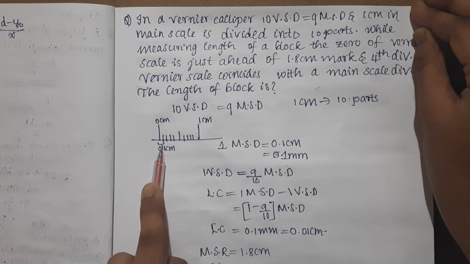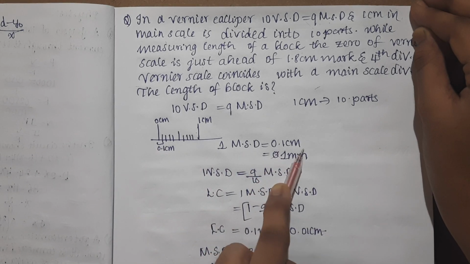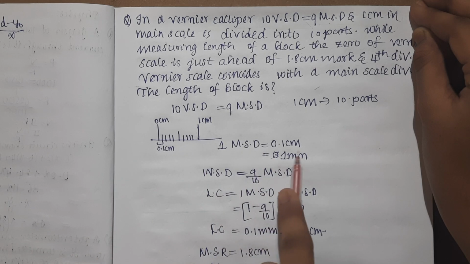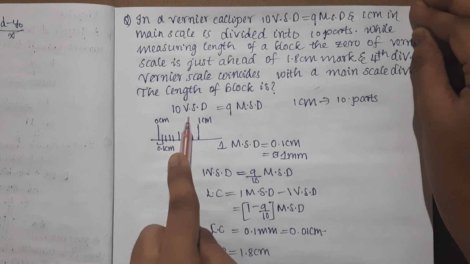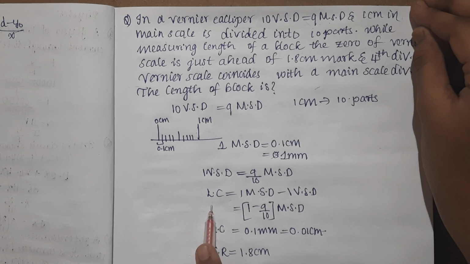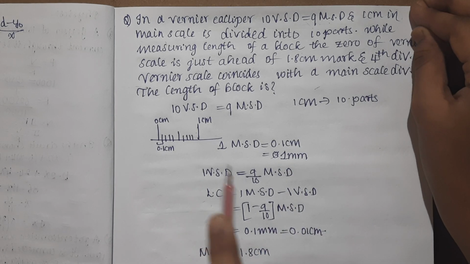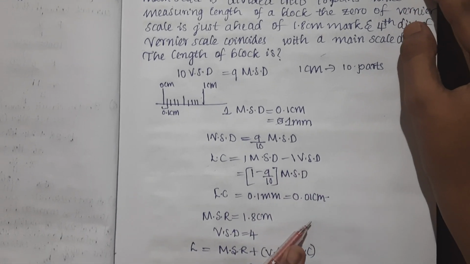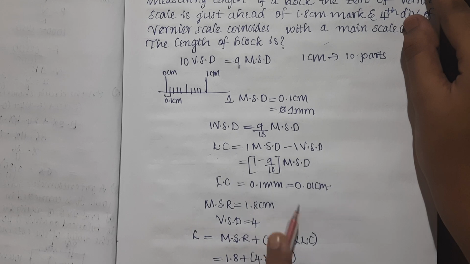It means each division is 0.1 centimeter, so your MSD will become 0.1 centimeter. From this you get VSD as 9 by 10 MSD, and again you know that least count is equal to 1 main scale division minus 1 Vernier scale division. So from this you can calculate the least count.